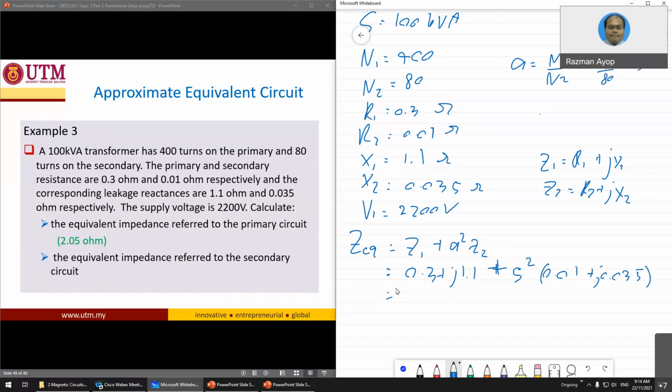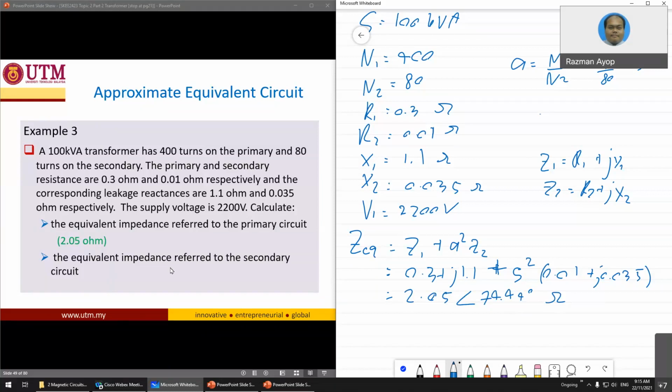What is the answer? Can you calculate it? You have to use the calculator in complex mode. So you get 2.05 with an angle of 74.44 degrees, ohms.